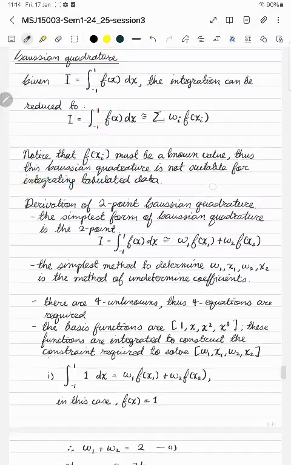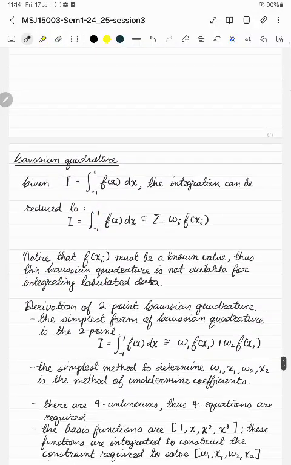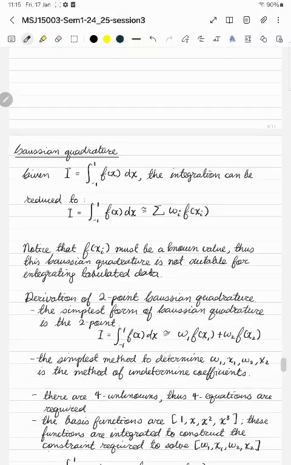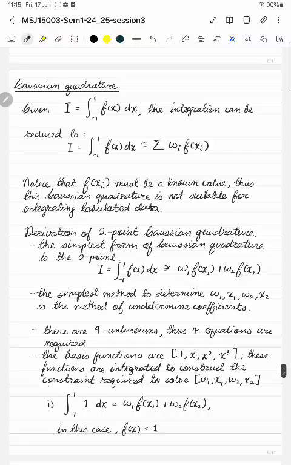So the integration domain is from -1 to 1 of any function f(x), and you can write the integral in numerical form as the summation of wi, the weight, multiplied by f(xi). Again, f(xi) must be a known value, so Gaussian quadrature is not suitable for integrating tabulated data. Of course, there is a workaround to that, but it's not part of our syllabus.